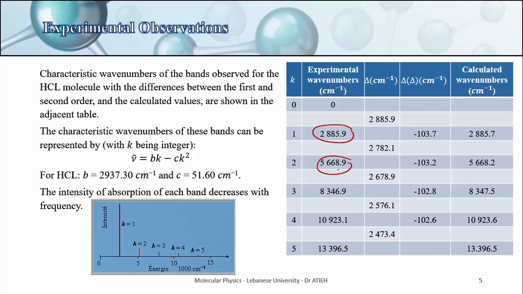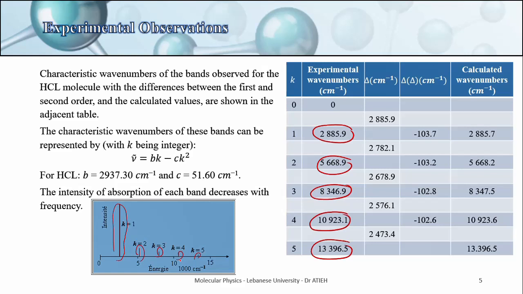We have another at 5668, at 8300, 10900, and 13900. We can also see that the first one has a very high intensity, while all the others have much lower intensities. So these are just observations.